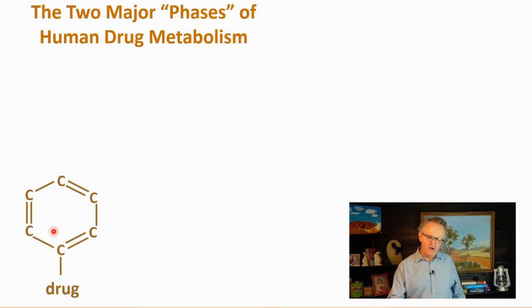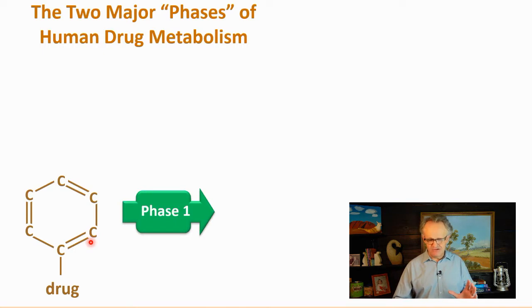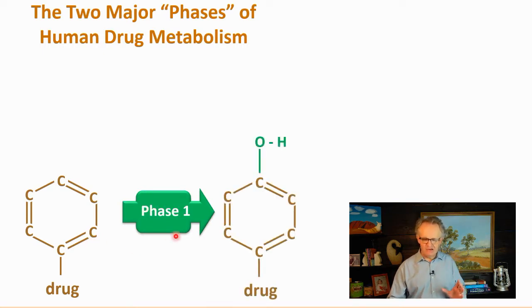Now, because so many drugs contain one of these aromatic rings, a very common occurrence during drug metabolism is what we call phase 1 metabolism or oxidative metabolism, because it oxidizes a drug by sticking an oxygen and a hydrogen atom onto that aromatic ring.